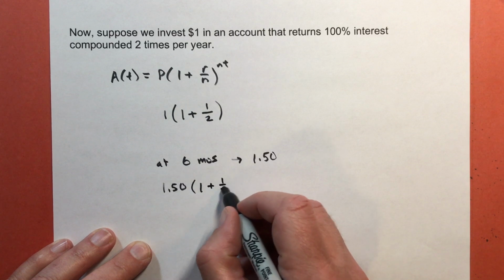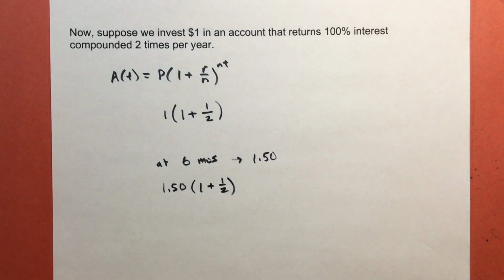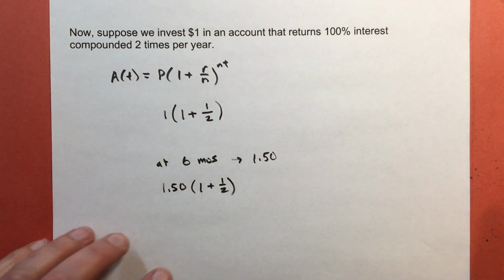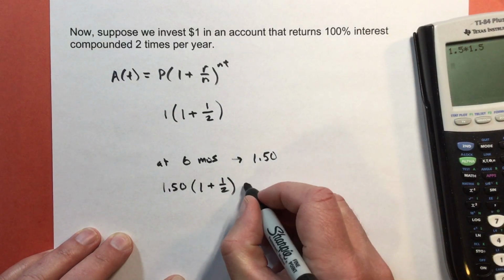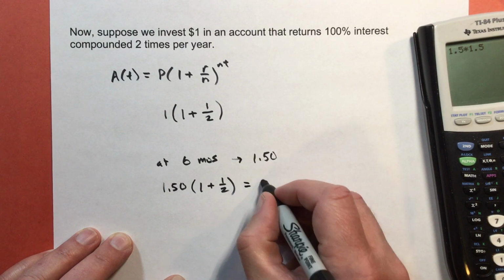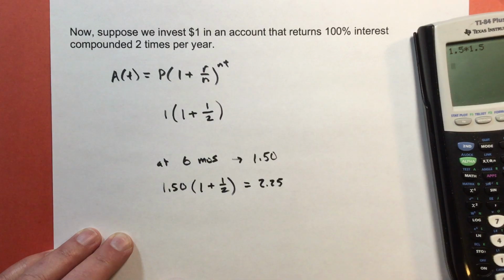Okay? So now, at the end of the year, after 6 more months, I go back and I say, all right, this time for sure I'm going to take my money out. I got 1.5 times 1.5, and now I have 2.25.